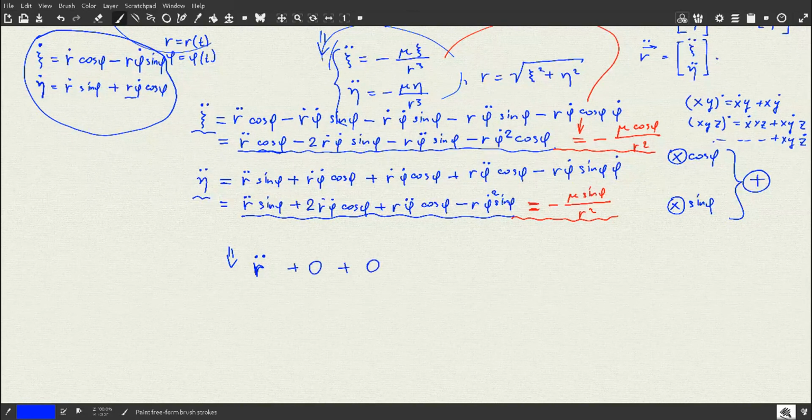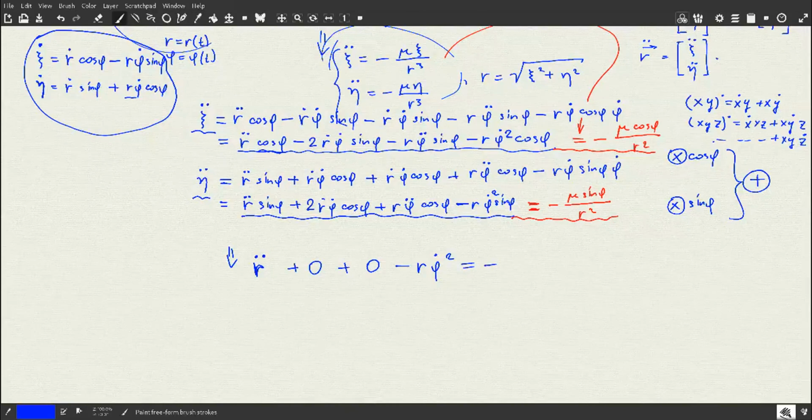This term here we wouldn't get a zero because the sign is the same, minus and minus here. Minus r phi dot squared cosine squared phi, minus r phi dot squared sine squared phi. Cosine squared plus sine squared is 1, therefore it is just minus r phi dot squared. Here, minus mu over r squared times cosine squared phi plus sine squared phi, which gives us 1.